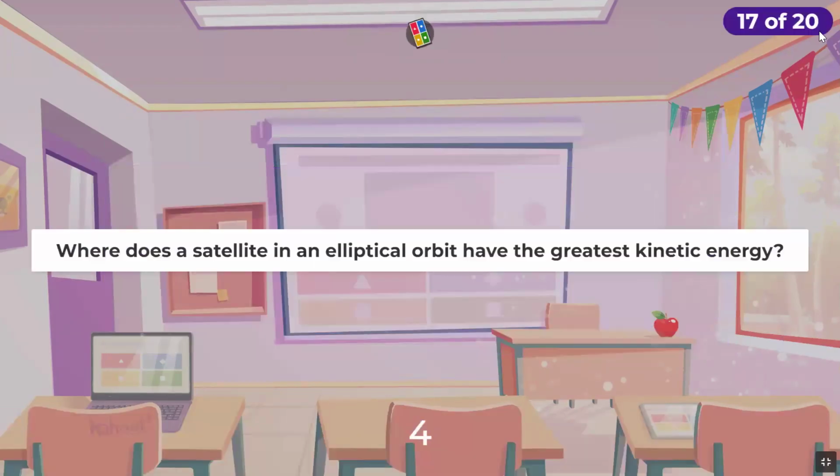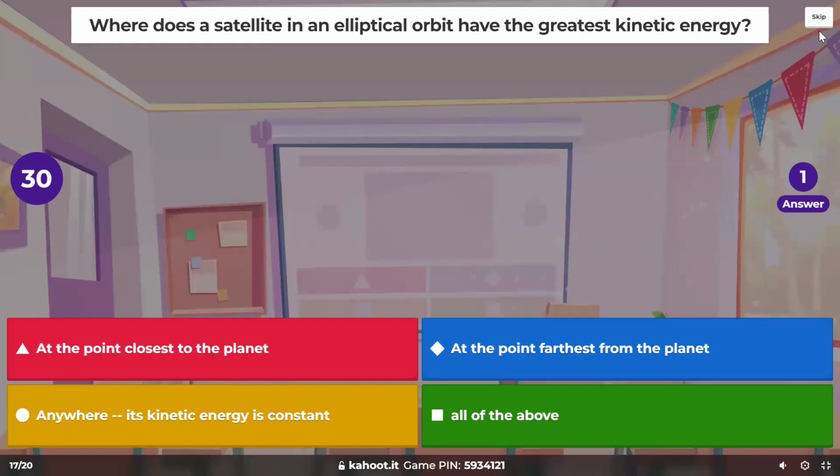All right. Where does a satellite in elliptical orbit have greatest kinetic energy? Okay, we haven't talked about energy yet. Kinetic energy is energy in motion. So interpret this as where it's moving the fastest. Where's the satellite moving the fastest?